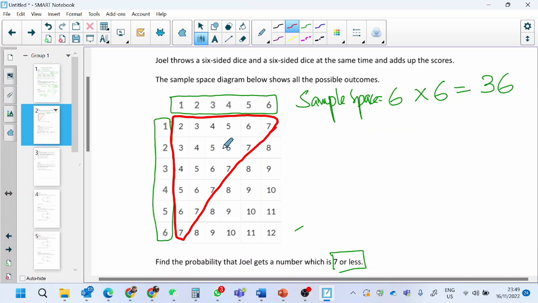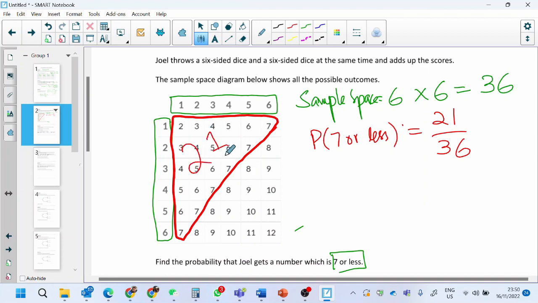So the probability of 7 or less is 21 out of 36. 36 is the total sample space, and the number of outcomes giving 7 or less is 21. So these 21 numbers are here. We can further simplify by dividing both sides by 3 to get 7 over 12.